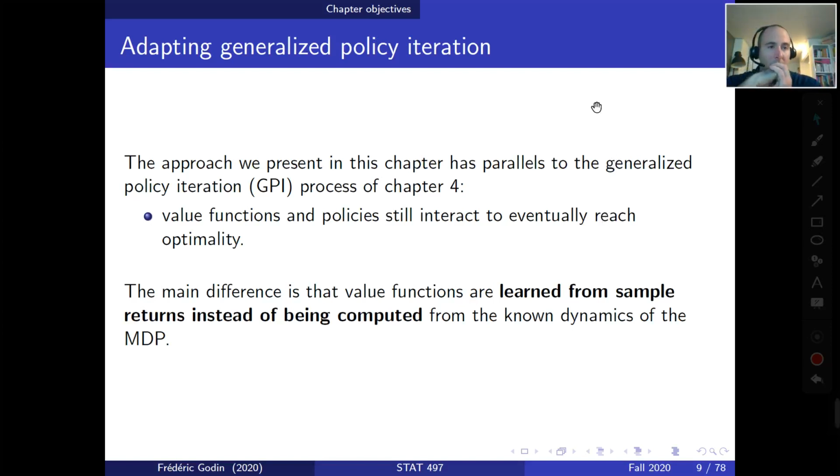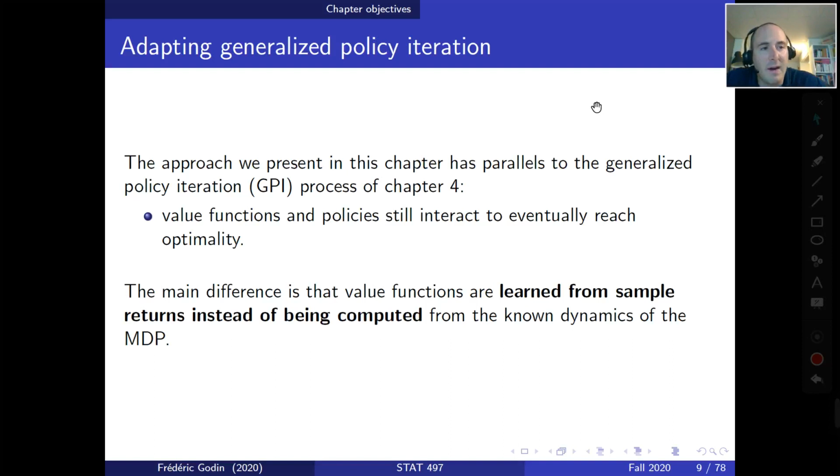We're going to see that the methods presented in this chapter have parallels to what we saw in chapter 4 when we discussed the generalized policy iteration approach. Exactly like in chapter 4, we start with an initial policy, an initial value function, and then we're going to refine their estimates through time, and the estimates interact together the same way they did in chapter 4.